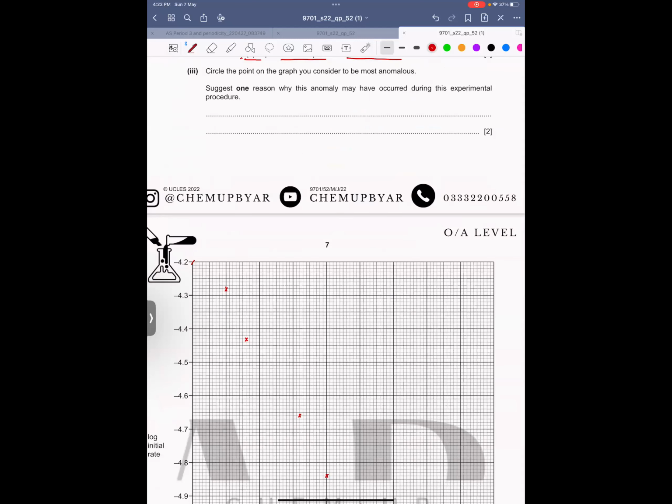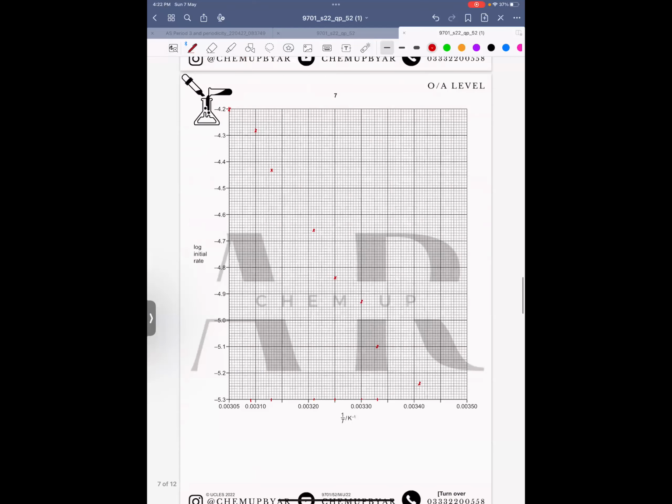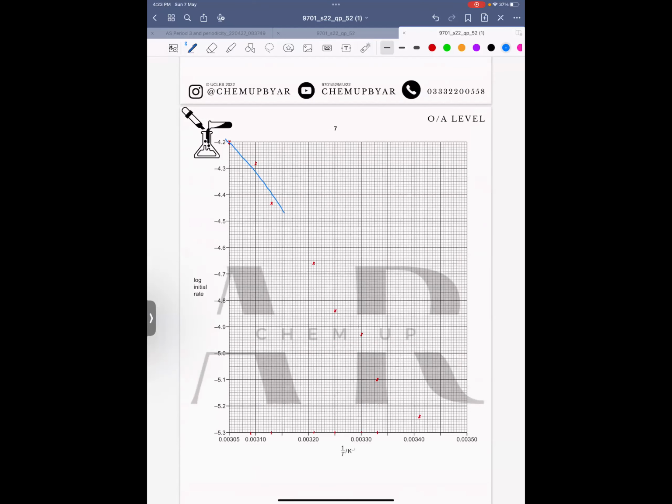Now, you have to draw the line of best fit. So the line of best fit would be, this is our line of best fit.